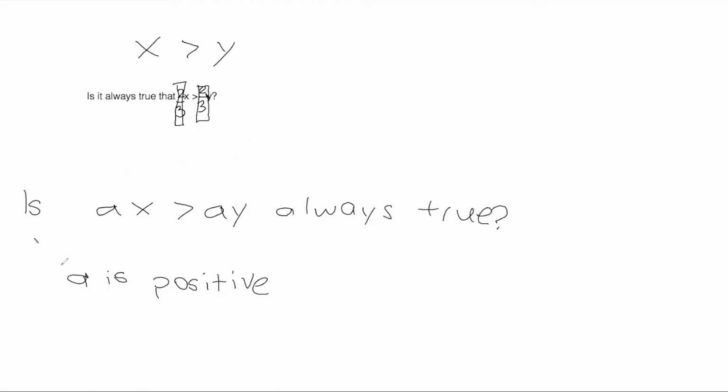It doesn't matter if a is a whole number or a fraction. And obviously if a is 0, that's no longer going to be a true statement, because 0 is not greater than 0. This is false. So we see that this is true only if a is a positive number, only if a is greater than 0. Doesn't matter if it's a fraction though. It could be a whole number or a fraction that's greater than 0. And this will always be true.